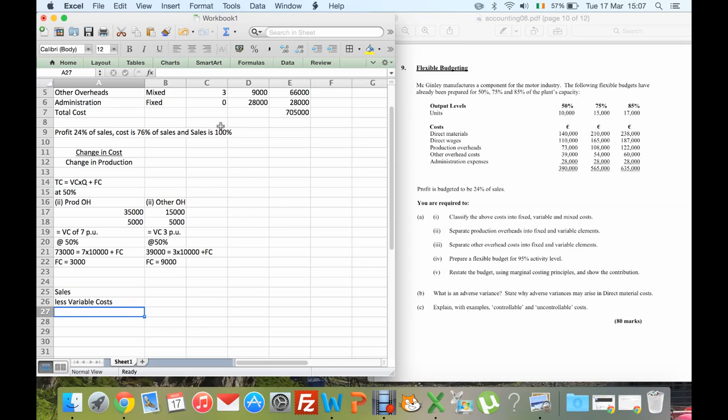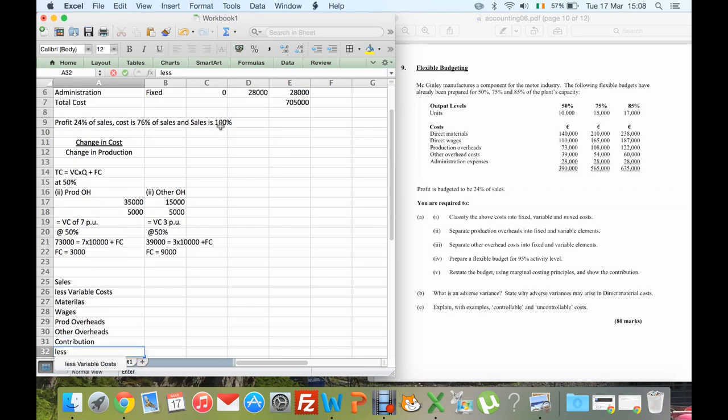So we'll have materials, wages, production overheads, and other overheads. And that will give us our total variable cost. When we take that away from sales, that will give us contribution. And we'll take away fixed costs.